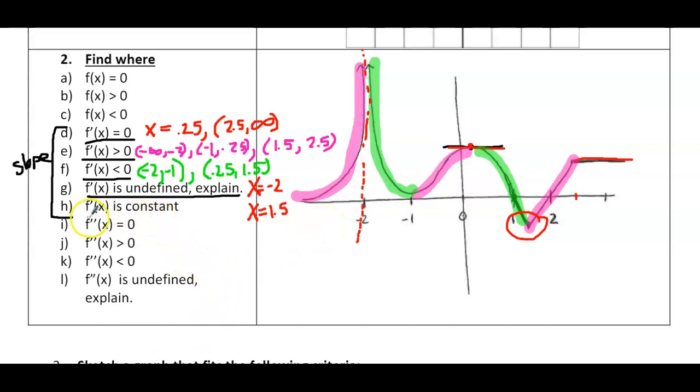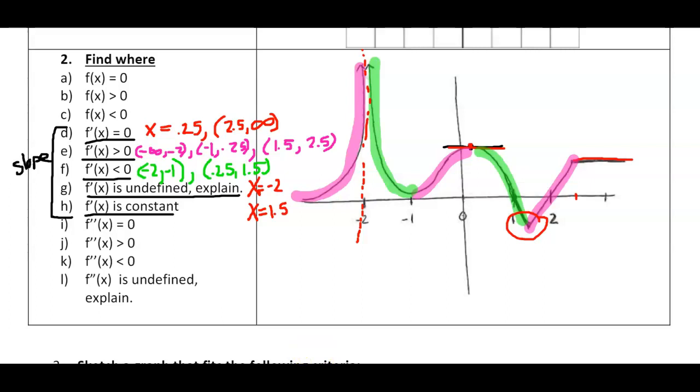All right, lastly, f prime is constant anytime the slope is not changing. The slope stays the same. Now what that looks like is a straight line. So anytime you have a straight line without curves on it, that would be considered a constant slope.